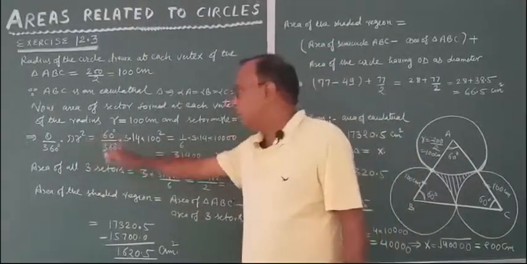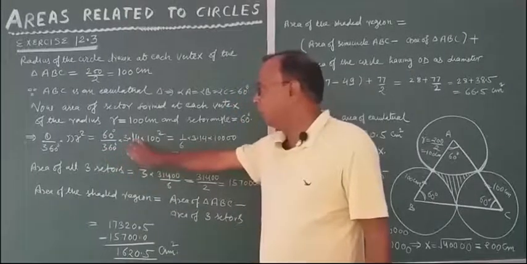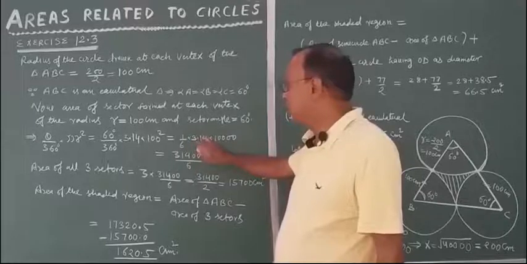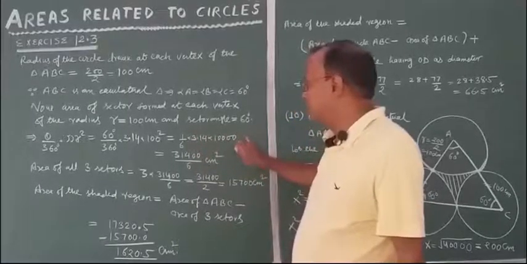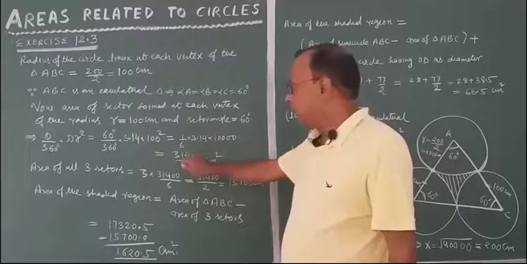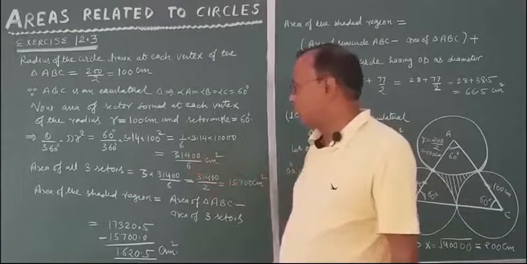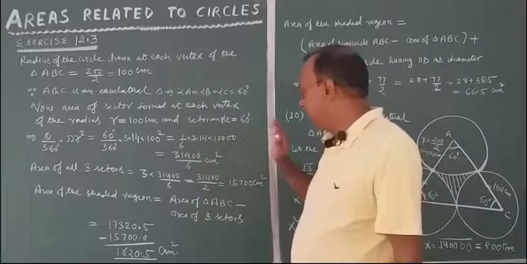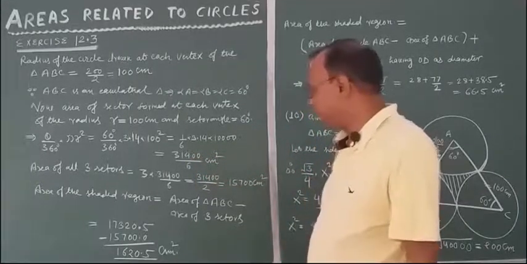Theta is 60/360 into 3.14 into 100 square. That is 1/6 into 3.14 into 10,000. When you multiply them, you will get 31,400/6 centimeter square. Is it okay?